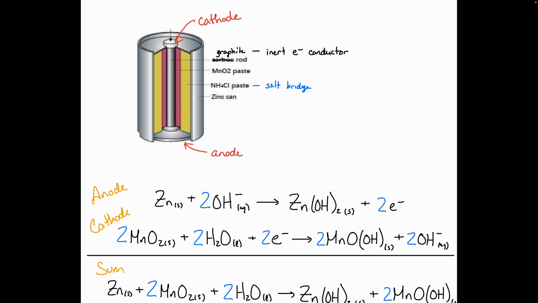Which direction are these electrons flowing, from the zinc to the manganese oxide or the other way? From anode to cathode, right? It's kind of this little phrase that I still have stuck in my mind from when I was in general chemistry. From anode to cathode.